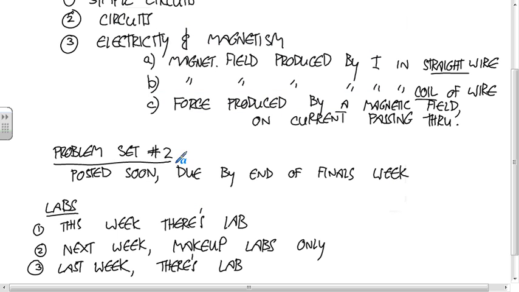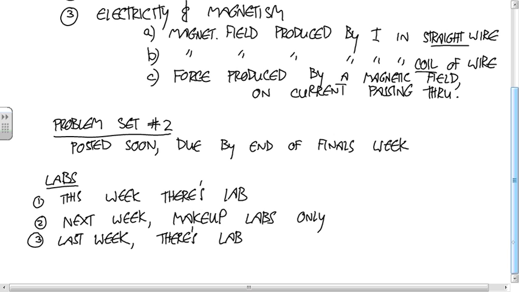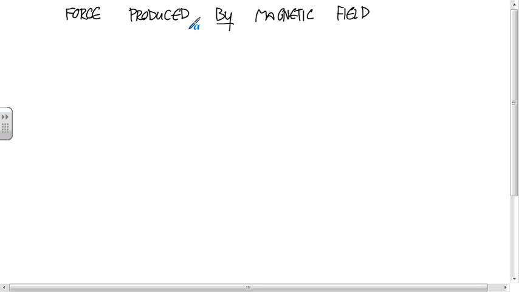Okay. So now we'll get back into the last topic that's going to be on the exam next week. That's the third application of the right-hand rule. And that is the force produced by a magnetic field on a current passing through that magnetic field.